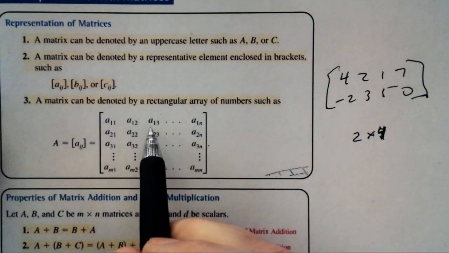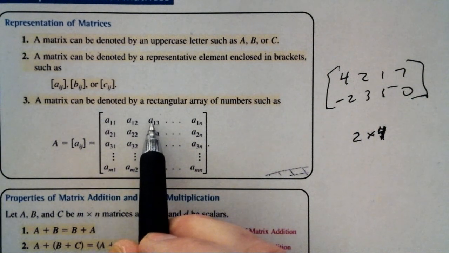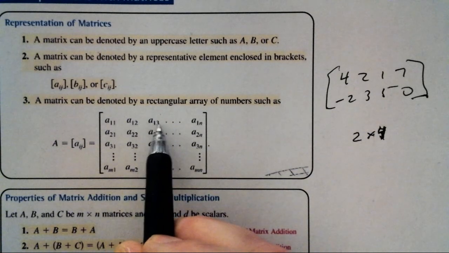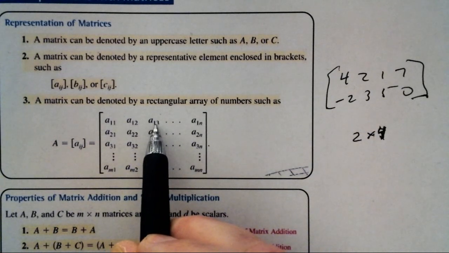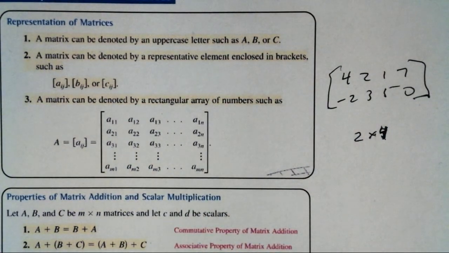So if you look back over here, this A13 just refers to, we'd probably identify this as entry 1-3, where 1 is the row, 3 is the column. That way we can talk about individual entries within a matrix. A matrix is just a rectangular array of data.